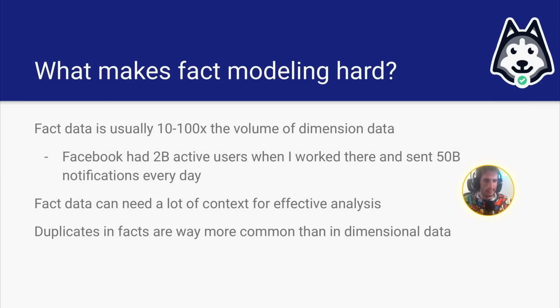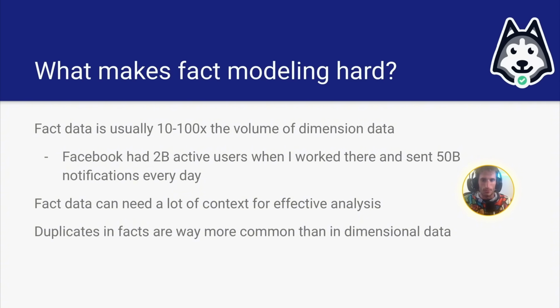And the big way that you can figure out how big the fact data is going to balloon is based on how many actions are taken per dimension. For example, when I worked at Facebook, we sent about 25 to 30 notifications a day.